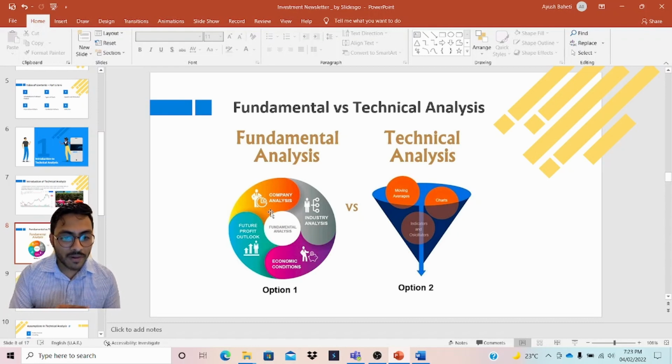We're going to cover fundamental analysis in a separate video, but in this series, we're going to concentrate on technical analysis. So now you know in simple terms what technical analysis is. Basically, technical analysis is the study of market in terms of what other market participants are buying or selling, and then deciding which stock you should go for.